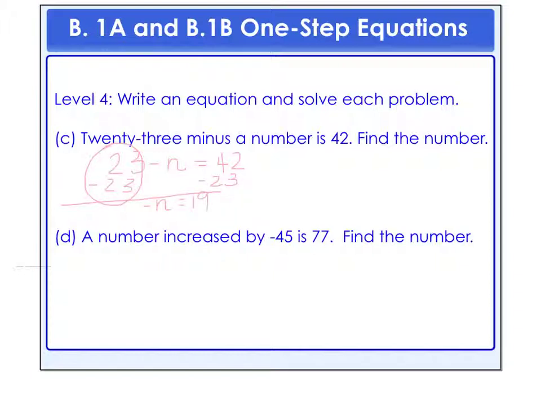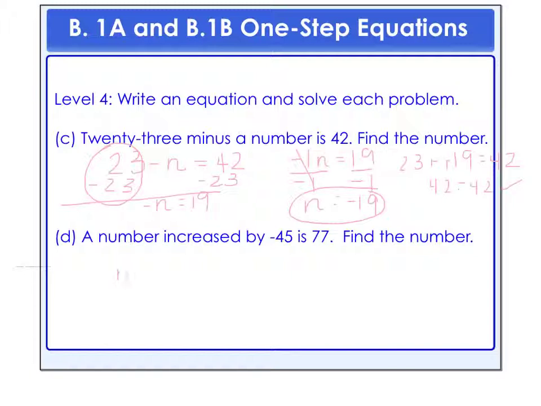Now, if there's no number in front of n, you just have that negative. It's assumed we've got a negative 1n equaling 19. So we actually have to divide by negative 1. And we get n equals negative 19. So there's our final answer. If we did 23 minus negative 19, we'd get 42. Add the opposite, we do get 42, and it checks out.